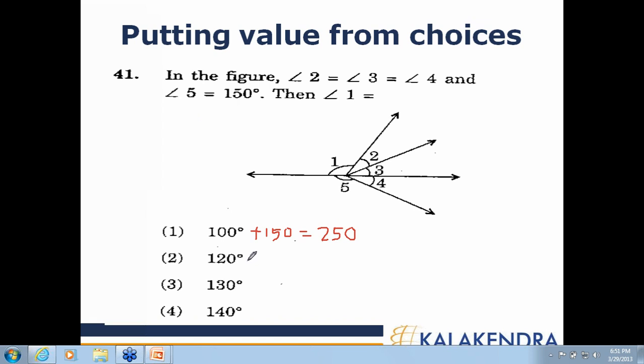Similarly, if you add 120 to this 150, what you get here is 260, and so on.